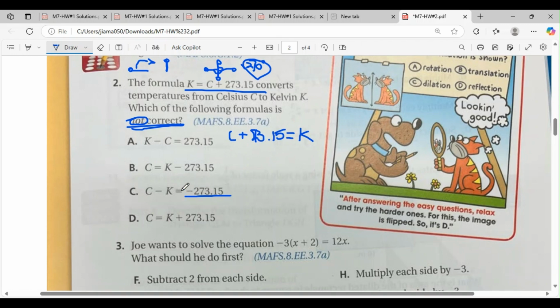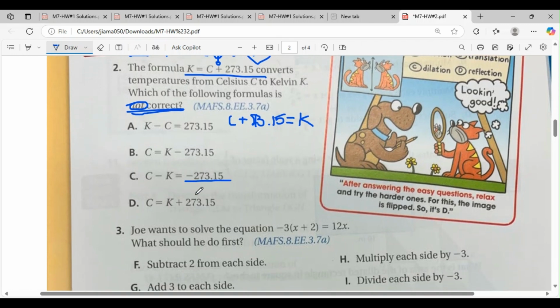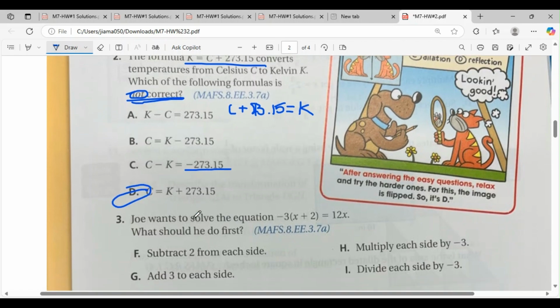So which means this is also correct. Okay, so D, C equals K minus 273.15. K plus this number equals this. This is not correct. Okay, because this one minus this one equals this one, but K plus this one is not equal to this one. So this is not correct.